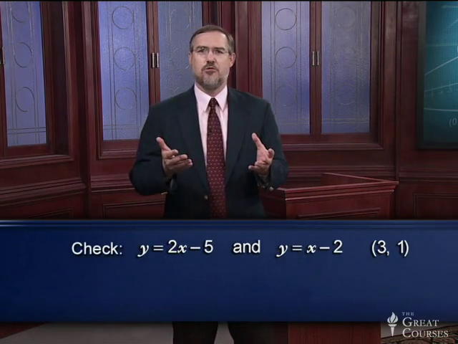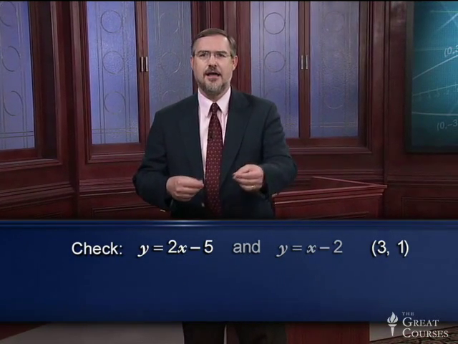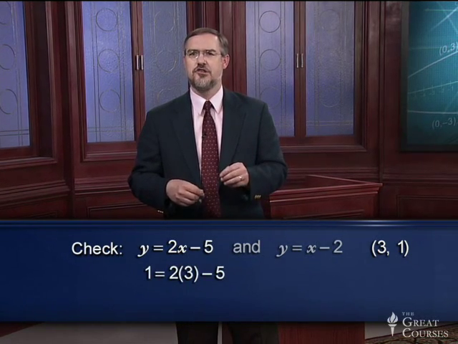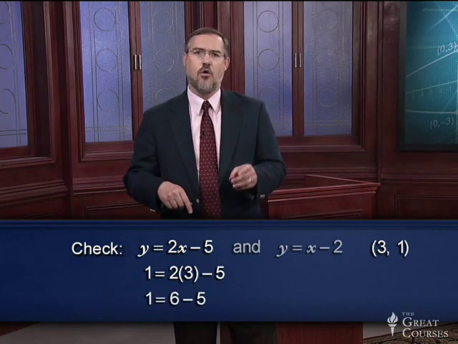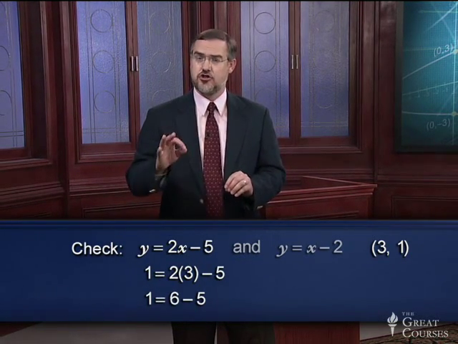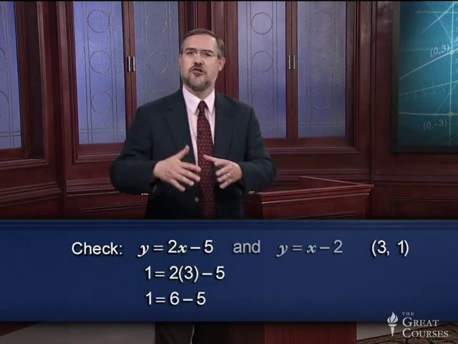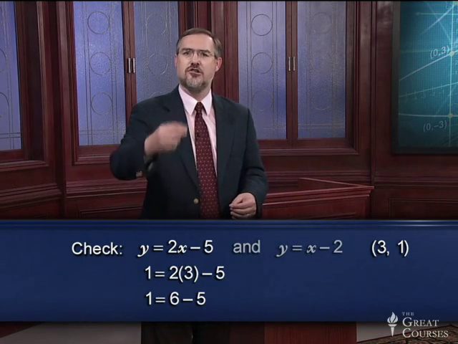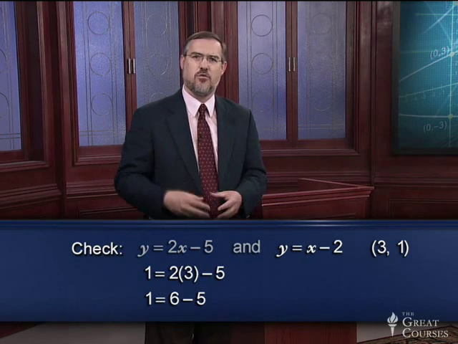So, for example, with the first equation, we would have plugged in 1 for y and 3 for x, and we would have the equation 1 equals 2 times 3 minus 5, or 1 equals 6 minus 5, or 1 equals 1. And that's true. But we haven't confirmed yet that (3, 1) is a solution of the whole system until we make sure it also satisfies the other equation, the second equation.